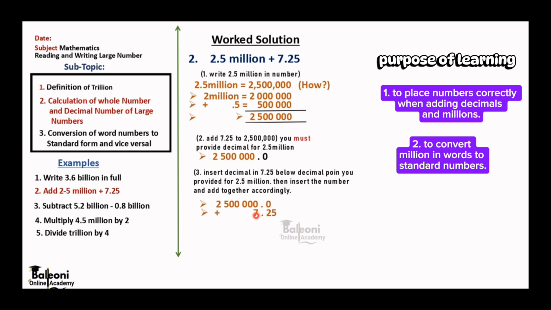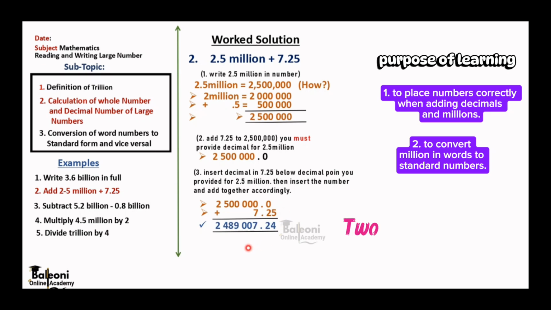So when you place your decimal point, you should know that 7 is the unit. You place it under units. Then 2 will be placed under tenths. And 5 is hundredths. You place it under the hundredths value. Then when you add them together, that is what we are going to get.